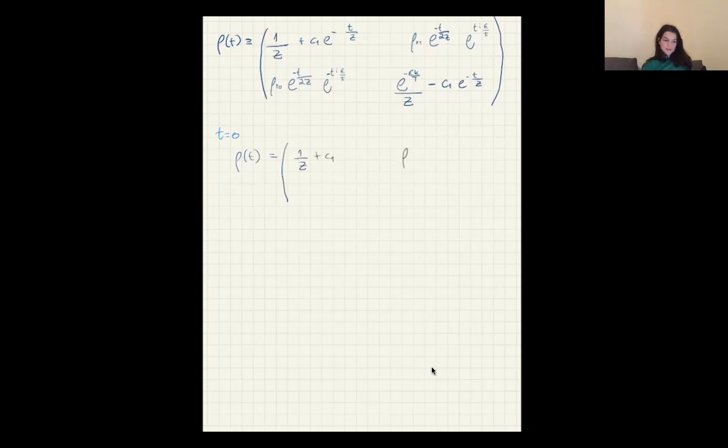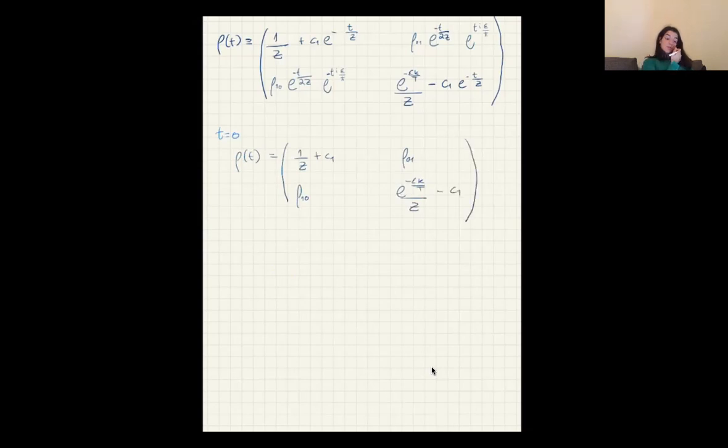Here we get rho 0, 1 as we wanted. Here we get rho 1, 0. And here we get E2 minus epsilon k over t over z minus C1.